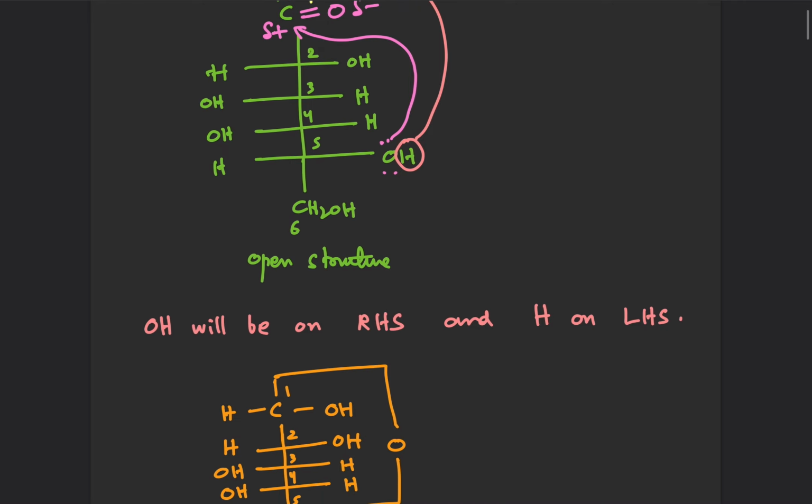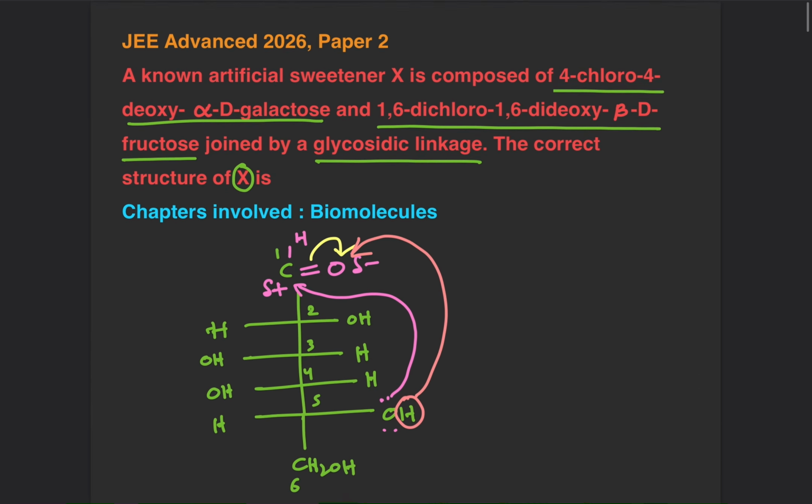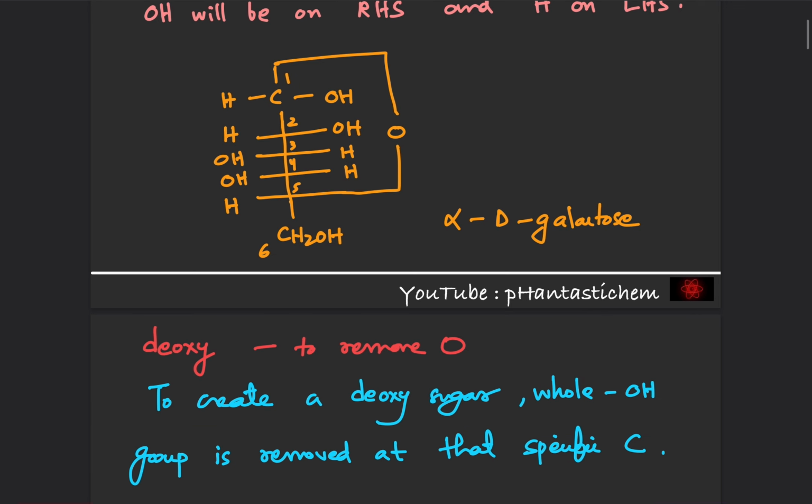So in our case, you can see they have given us that it is 4-deoxy. So we remove the OH group from the fourth position, that is, this OH group is going out. And the chlorine atom, you can see it is also 4-chloro. So therefore, instead of this OH, we will have a chlorine atom taking its place. So finally, 4-chloro-4-deoxy alpha D galactose will look like this.